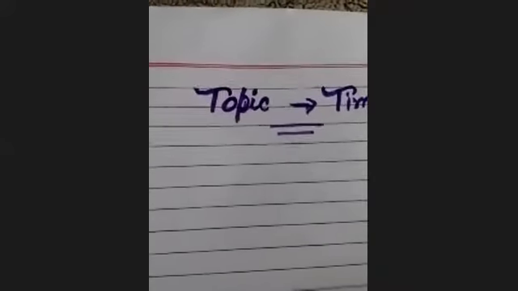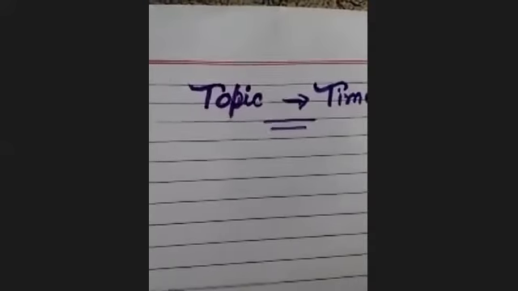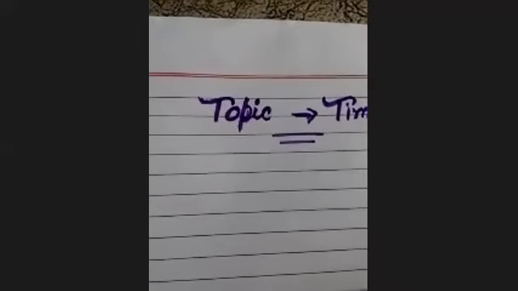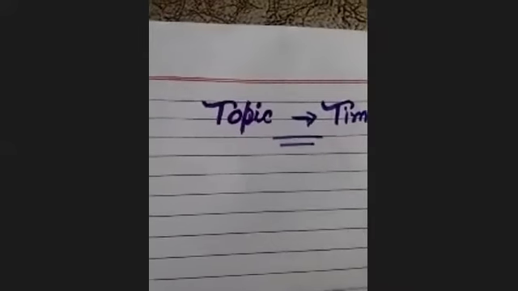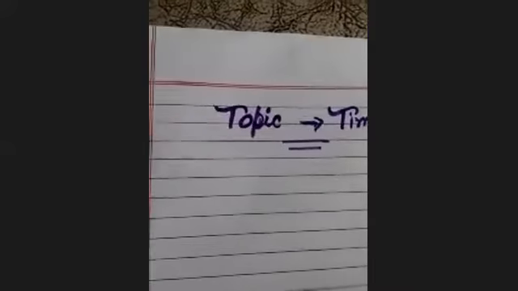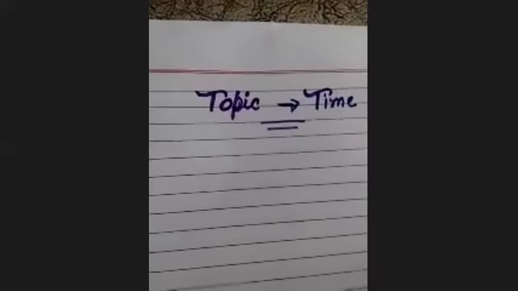Students, measurement of time is very important in our daily life. With this, we can prepare the schedule of our work and our daily routine. As you know, we watch time from a watch or clock.